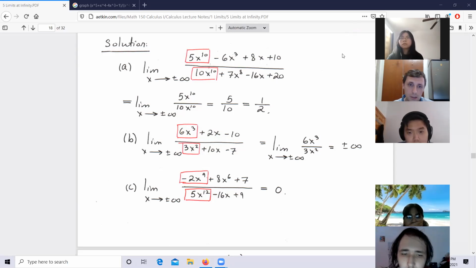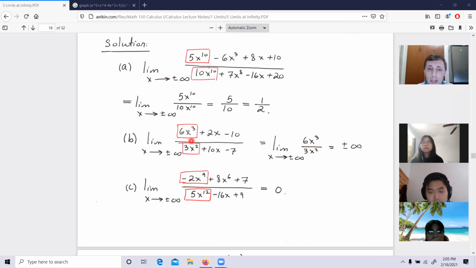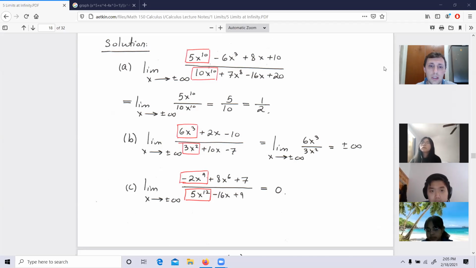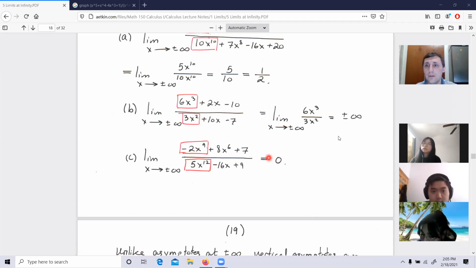Because essentially 6x cubed over 3x squared is like 2x. So that means that we are going to have a slant asymptote. Clear? The power determines what sort of asymptote. In here, the limit is 0. Do we have a horizontal asymptote?